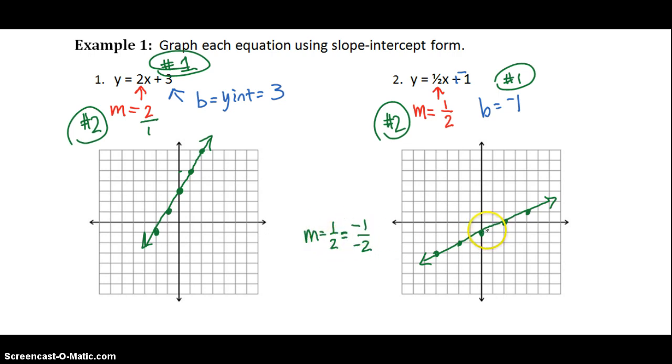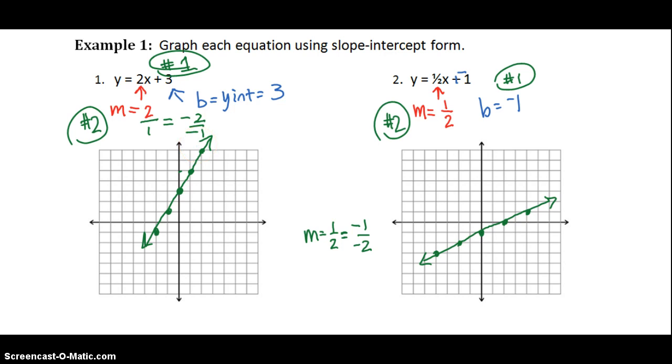So when I've exhausted all of my options going up, to be able to go down, you just have to change the signs, negative over negative. I did the same thing here. From rising 2, running 1, I ran out of space, so I said, well, then I could also look at that as -2 over -1, because -2 over -1 is the same thing as 2 over 1. So don't forget what you know about manipulating your signs.